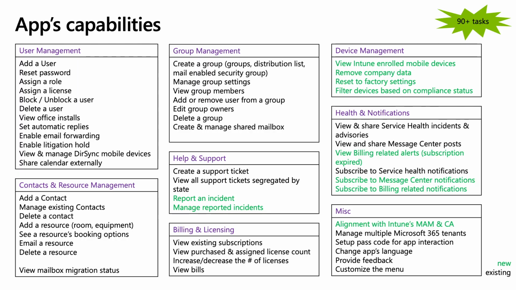With this, let us look at what the app has available on offer today. There are 90 plus tasks and capabilities available. You can perform tasks across user management, group management, resource management, and device management. You can also view and manage subscriptions, licenses, view upcoming changes via Message Center, observe the health of Microsoft 365 services via Service Health.